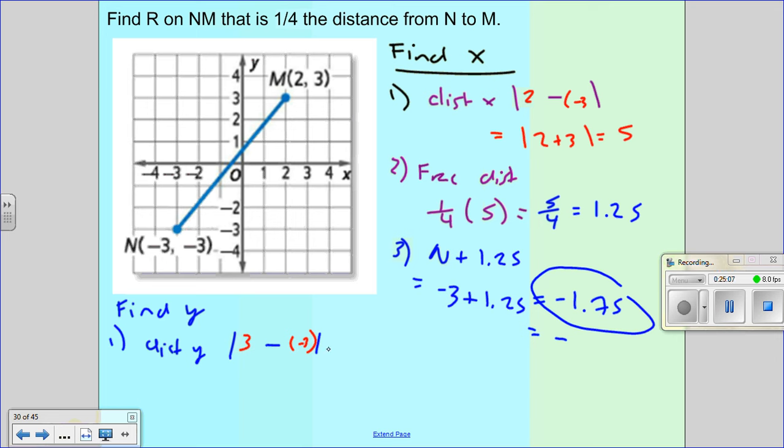So that would give us absolute value of 3 plus 3, or absolute value of 6, which is 6. Then find your fractional distance. So it's 1 over 4 times 6, which would give you 6 over 4, which reduces to 3 over 2, which is 1.5.